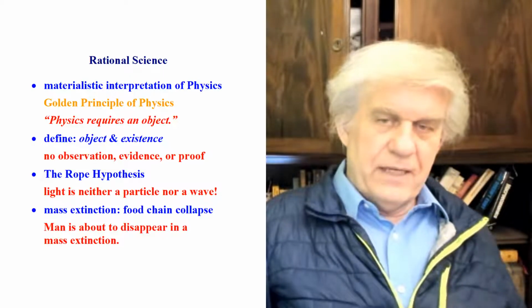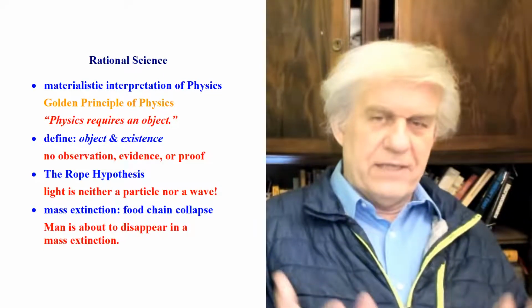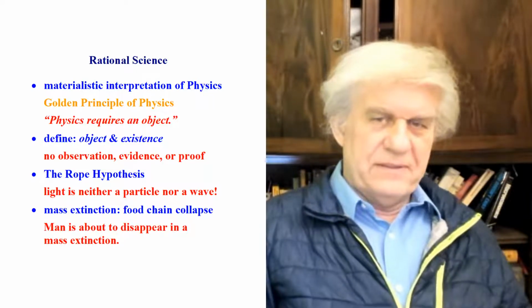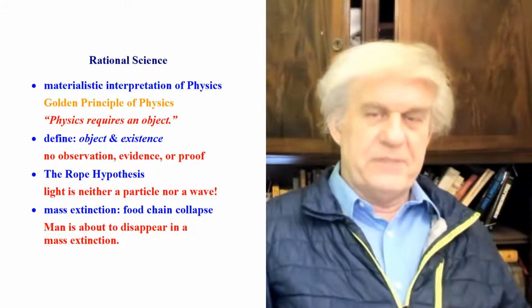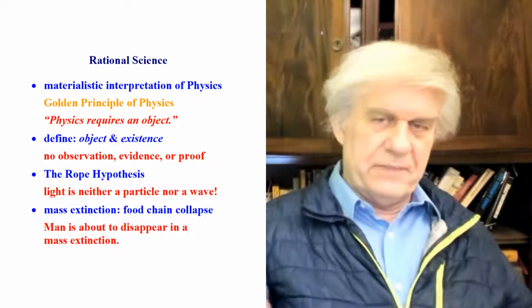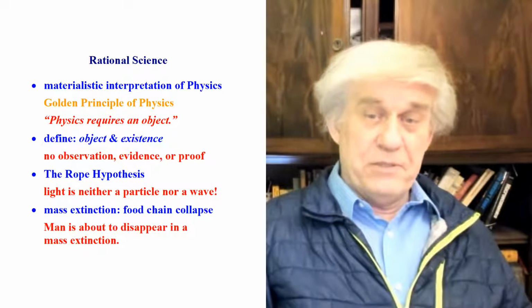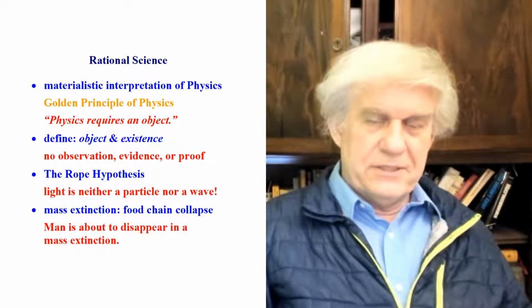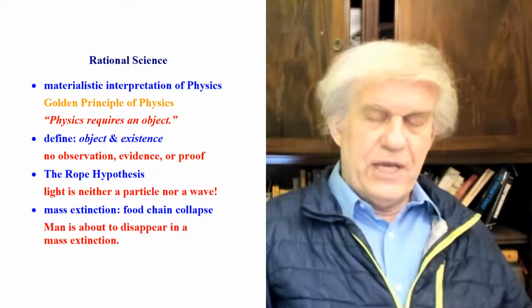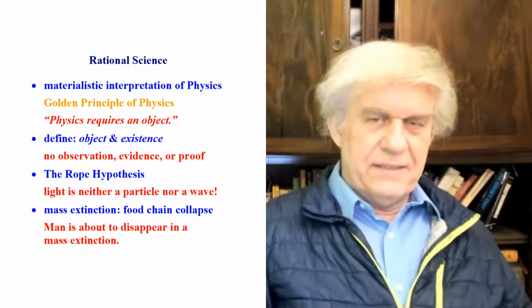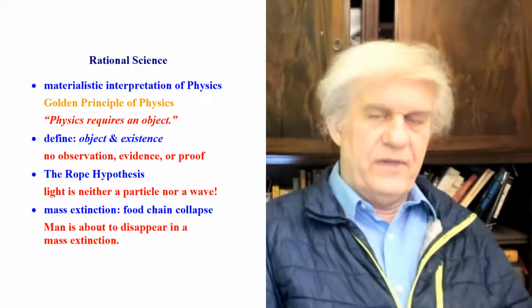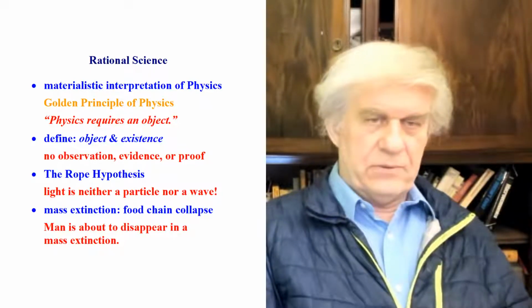If you have no body, no thing in front of you, what's happening? What are you observing? What experiment can you run, assuming you want to do experiments? What can you measure? There's nothing in front of you. You need a something to do physics. Physics is founded on somethings, on things, on objects, as we call them.